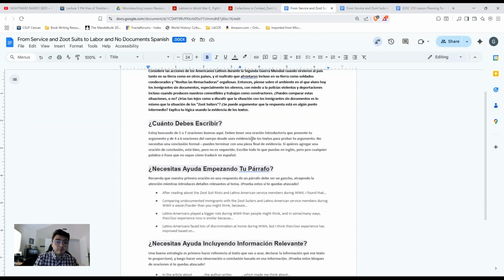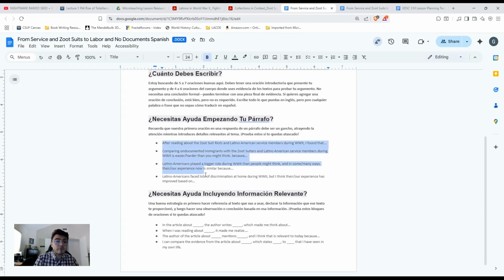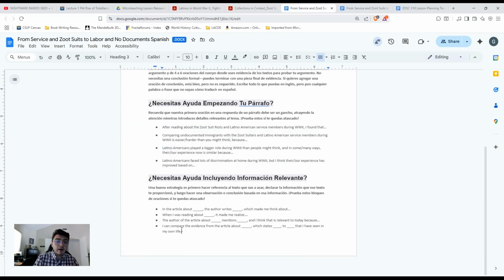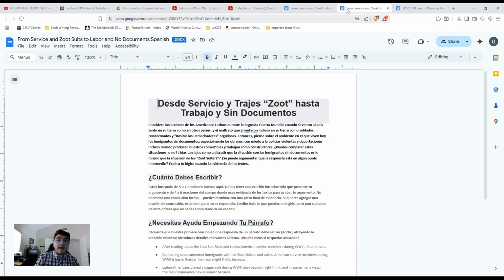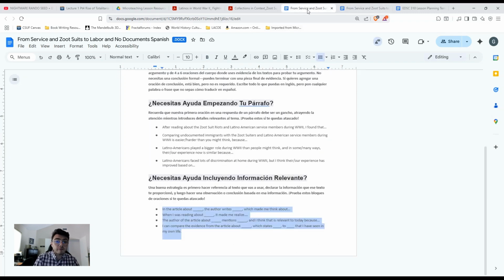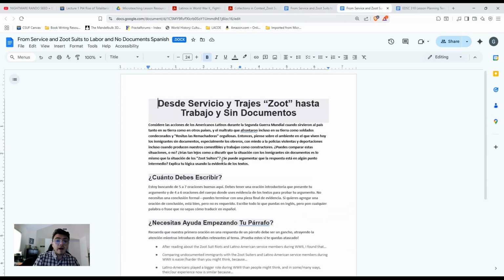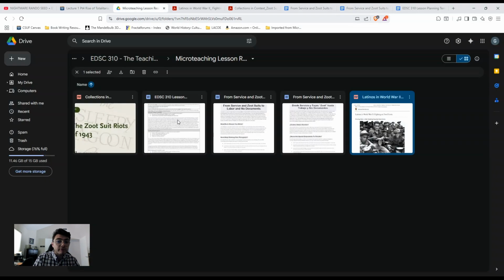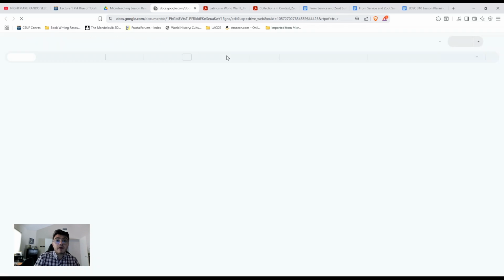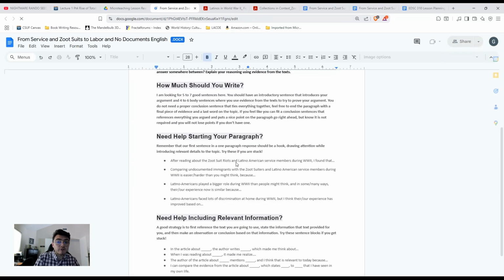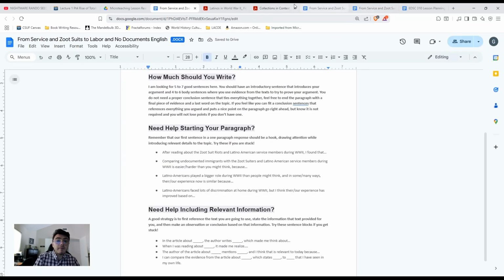One of them was fully in Spanish with the recommended sentence structure blocks in English, and the other is supposed to be fully in English. I think I opened the wrong one, but there is a fully English version. Let me see if I can find it. There it is. A fully English version that I would hand out to my native English speakers. Other than that, that's the context for the lesson, so let me hop right into that.